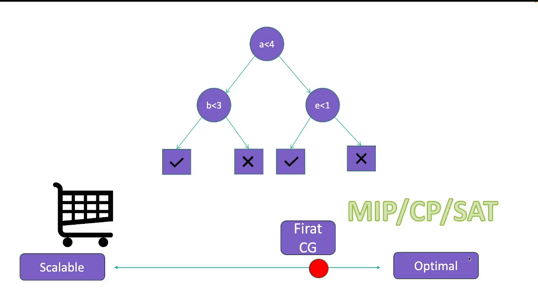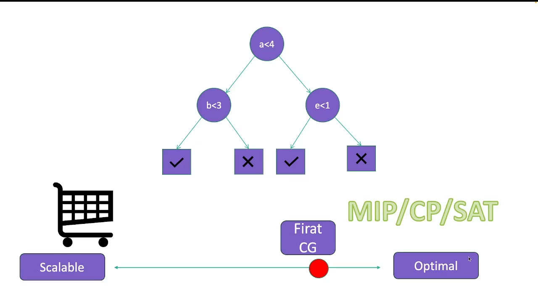It doesn't matter how you define optimality, it simply cannot achieve optimality. It's a heuristic basically. And on the other hand, we have OR techniques like mixed integer programming, CP and SAT models. Sometimes these models can provide optimality guarantees and provide optimal decision trees. But the thing is that they are not scalable. Firat and others showed that these models were basically failing after 10,000 data points. If you have data sets with more than 10,000 data points, then these methods won't work.